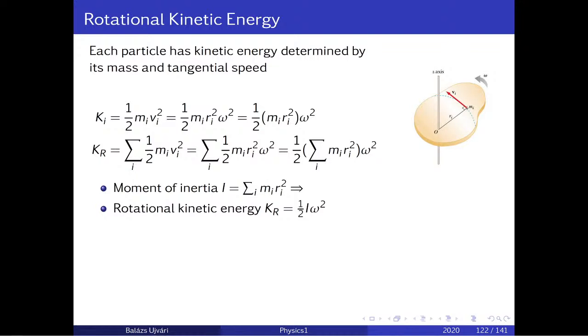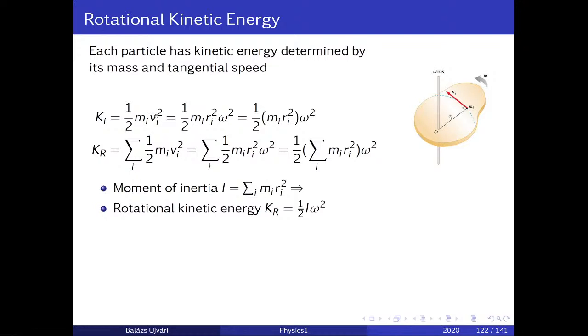Of course, for a different point in this body, this r can be different. So r is only true for the bodies on this blue dashed line, which means all these bodies are at the same distance from the axis of the rotation.